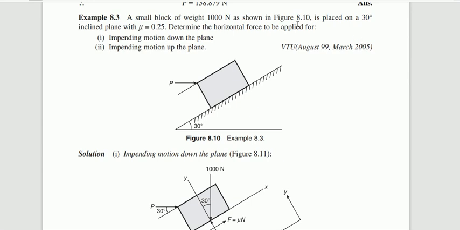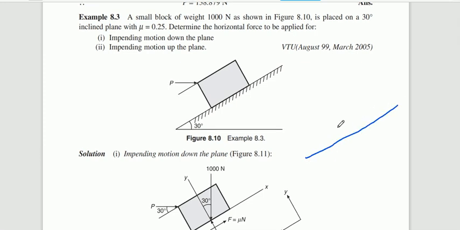I have given you an example: if you are standing on any inclined plane, just assume if you are climbing, or any person who is standing on the inclined plane, there is a possibility you can move upward or you can move downward, right?